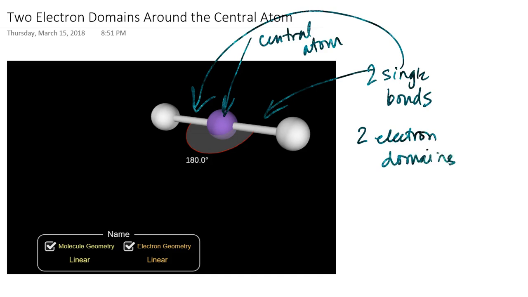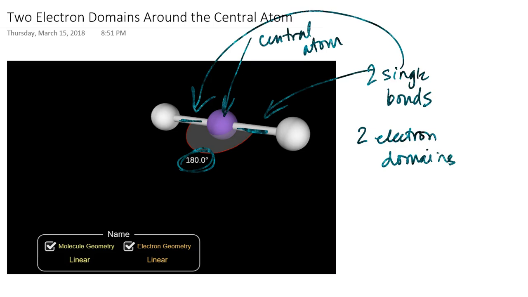Okay? Now, if we consider the tendency of electrons to repel each other, that means that the electrons in each bond will want to get as far away from each other as possible. And when these electrostatic repulsions occur, the furthest that they can get from each other and still remain connected to the central atom would be if they are 180 degrees apart from each other.